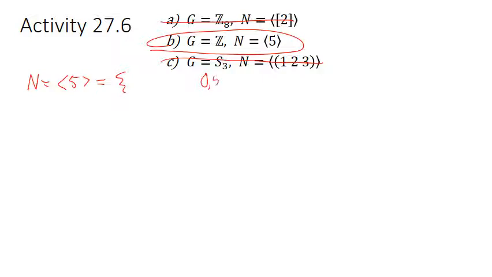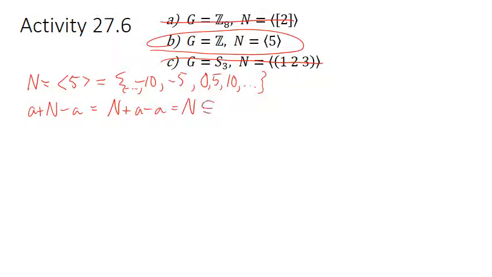So there'll be 0, 5, 10, and so on, and then in the other direction, there'll be -5, -10, and so on. So yes, in this case, we will also have that a plus N minus a is equal to N plus a minus a, which is just N, which is a subset of N, of course, because the group is abelian. So not actually very interesting.